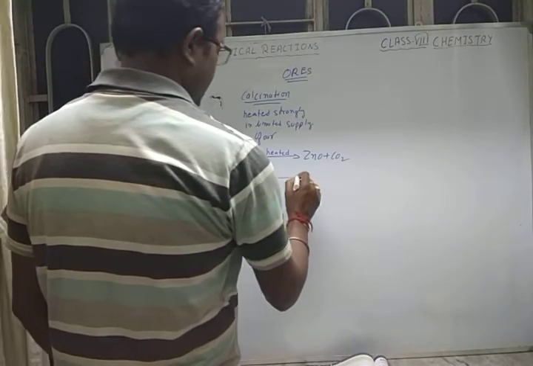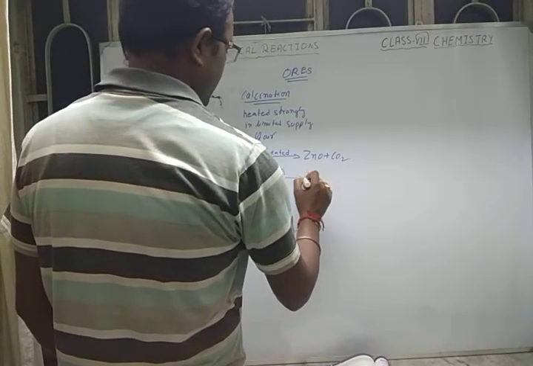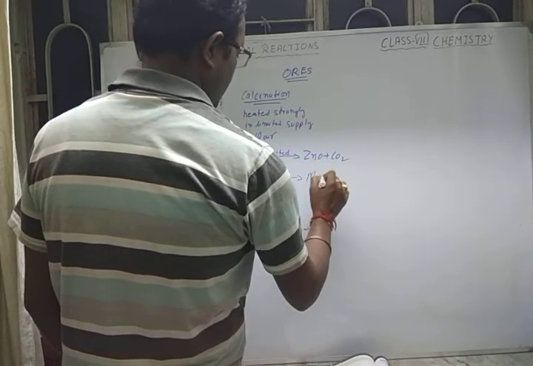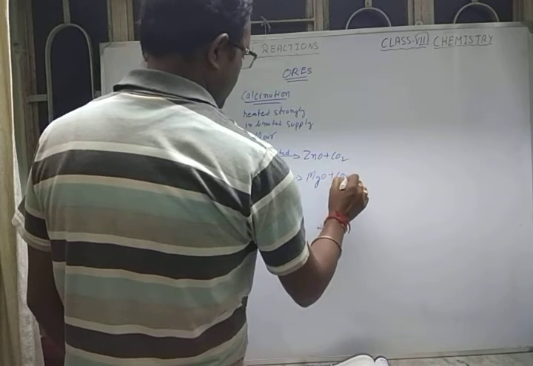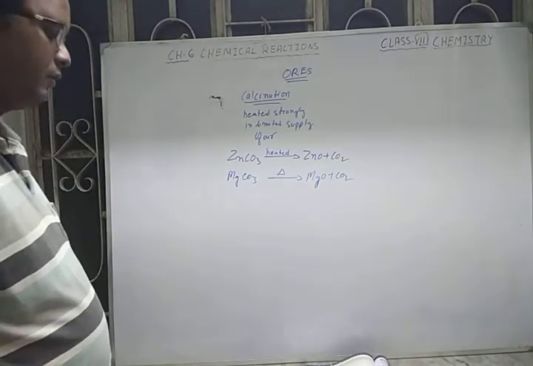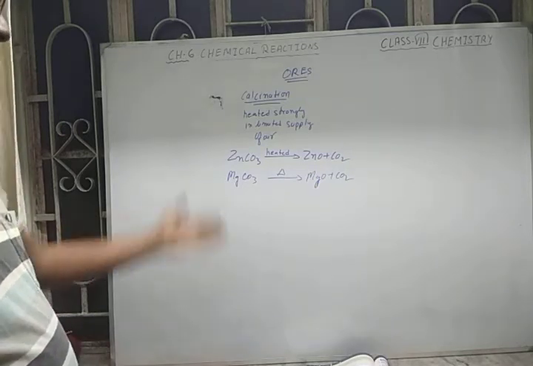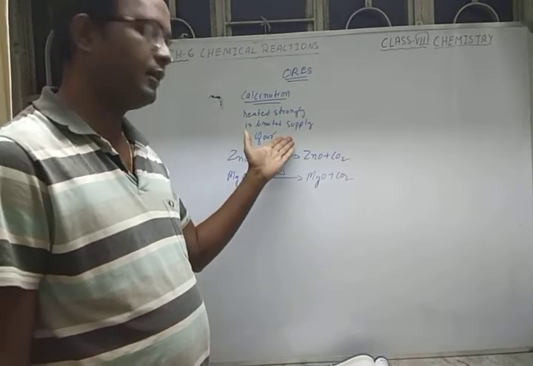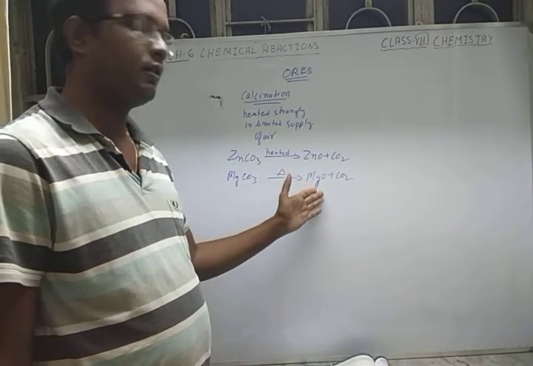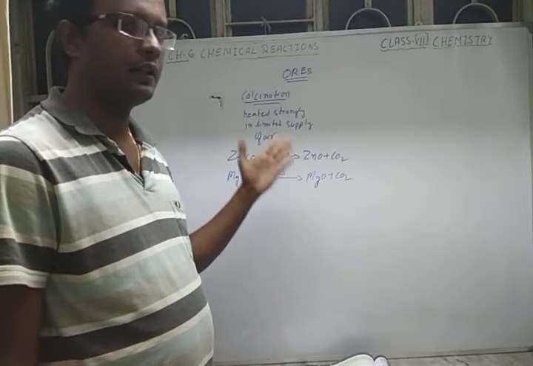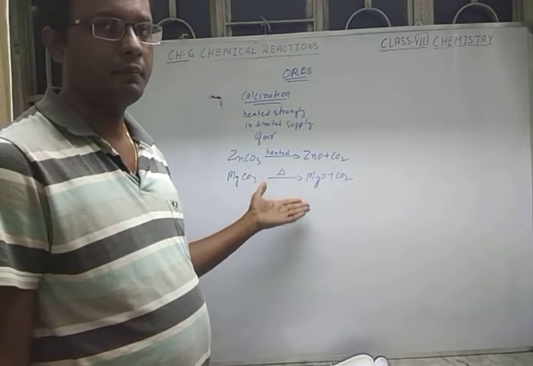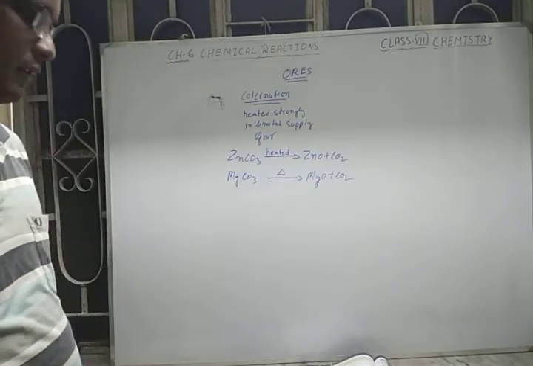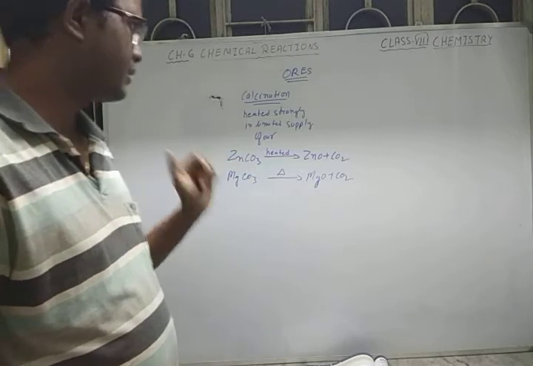When it is heated strongly, you get MgO plus CO2. So on heating strongly in a limited supply of air, ores give metal oxides, and from these oxides we can get the pure metal by reacting them with a reducing agent to displace oxygen. This is the calcination process.